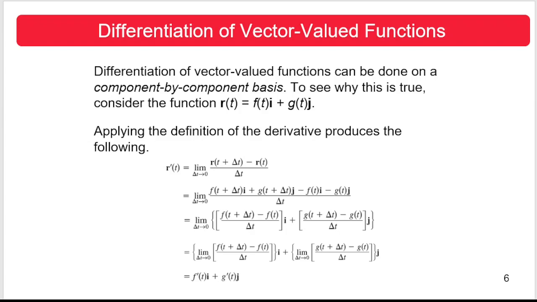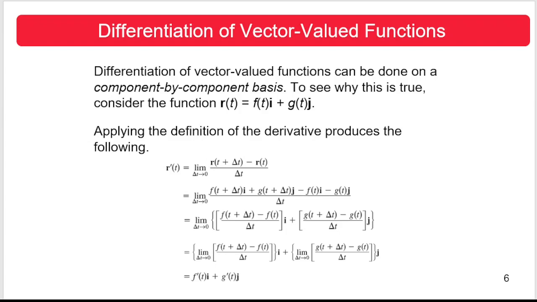Then combining the terms with the i component, we have f of t plus delta t minus f of t all over delta t times i, plus, combining the terms with the j component, g of t plus delta t minus g of t all over delta t times j.